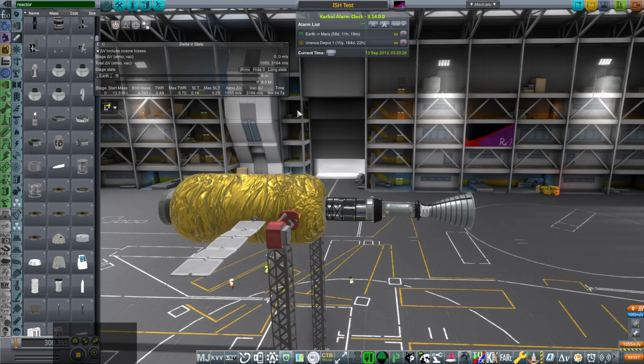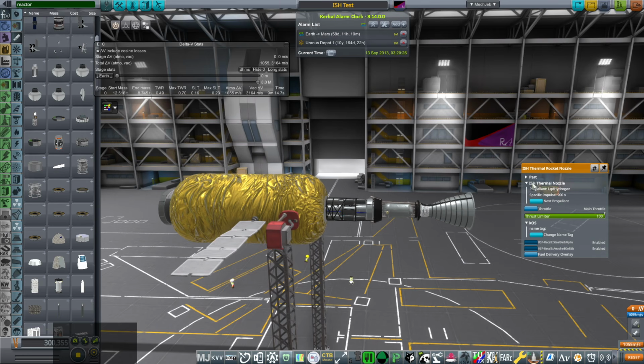Basically, there are two options. One, I put the basic engine module on here, the ModuleEnginesFX, the one that runs the normal stock engines, and have this thermal nozzle separate. If I have it separate, then this will read the right time. The problem is the stock module will override it, which is ironic.